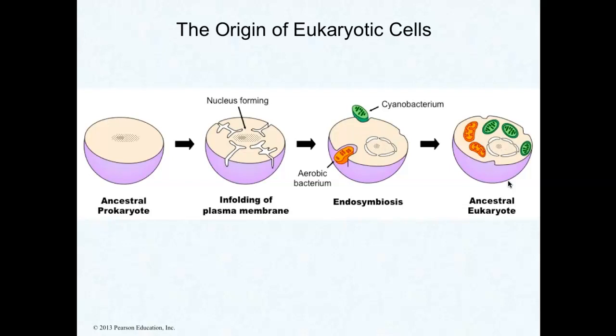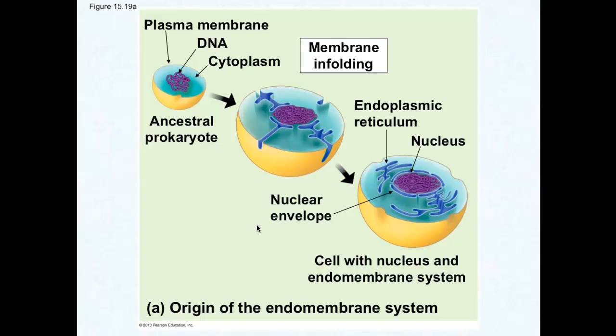So there are two features we need to answer. Number one is infolding of the plasma membrane to form the endomembrane system. Okay, so we're looking at this step here, infolding of the plasma membrane. I have a more detailed image here, right?